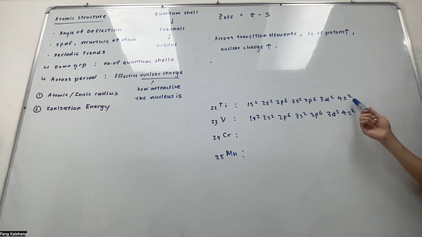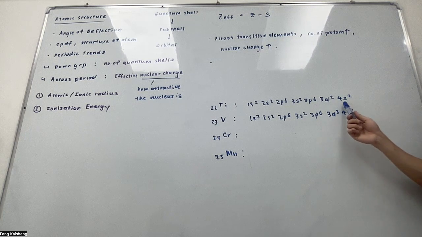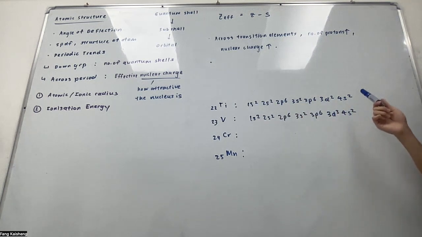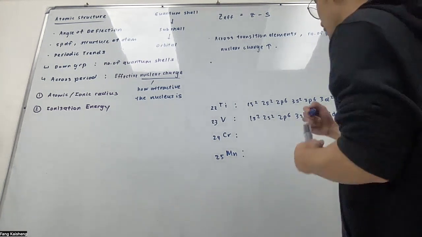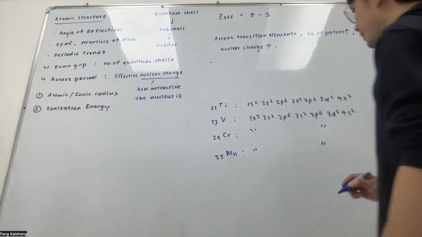We must fill in 4s2, then 3d afterwards. 4s first, then 3d, like what we highlighted the last lesson. It's just that you need to write in ascending order in terms of quantum shell. 1, 2, 3, 4. The first 18 are kind of repetitive, so I'm just going to do this for the next two.